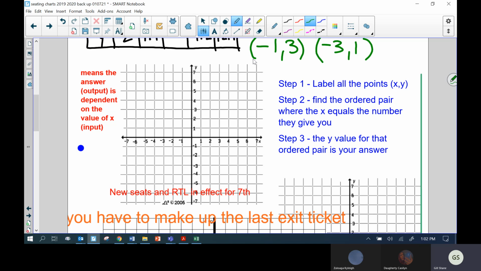We've never done it just from the 2 points. I mean, we sort of have, but what we did is we said, let's just put those 2 points on a graph. So -1 and 3 is right there. And then -3 and 1 is right there. Then we created the line.